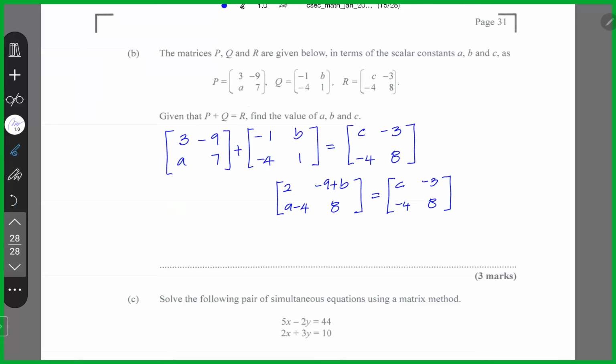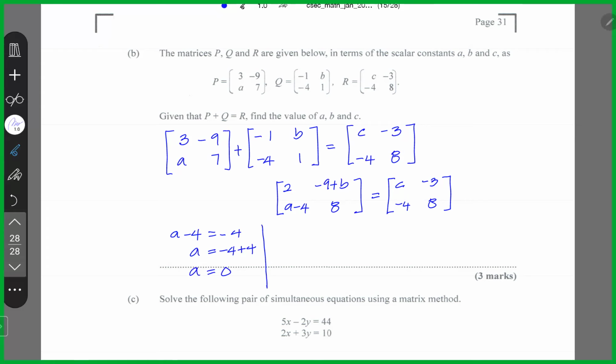So from this, let's find them in alphabetical order. A minus 4, the top left element on the left, is equal to minus 4 on the right. So A would be equal to minus 4 plus 4. A is equal to 0.